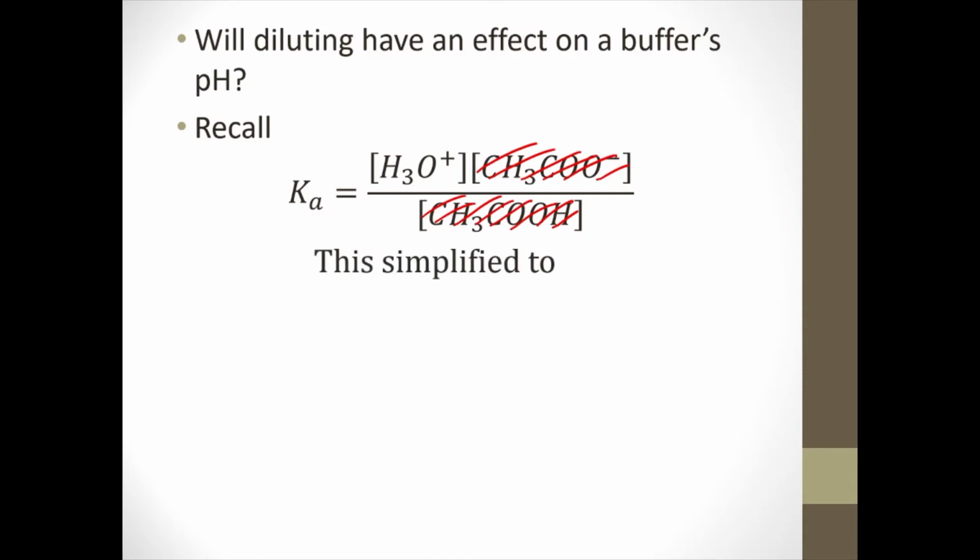So if you dilute a buffer, it doesn't diminish how well the buffer can operate, because at the end of the day, the Ka of the buffer is just equal to the concentration of hydronium. And by extension, we can use this concentration to figure out the pH of that buffer solution.